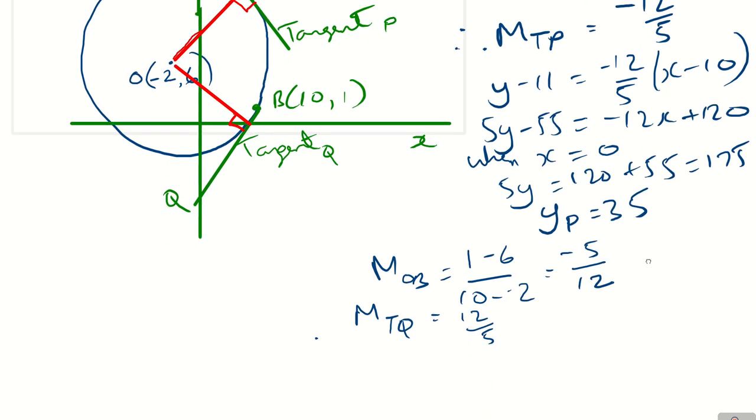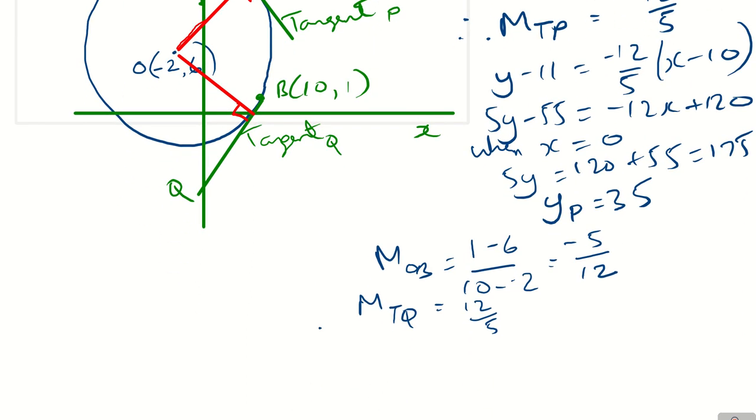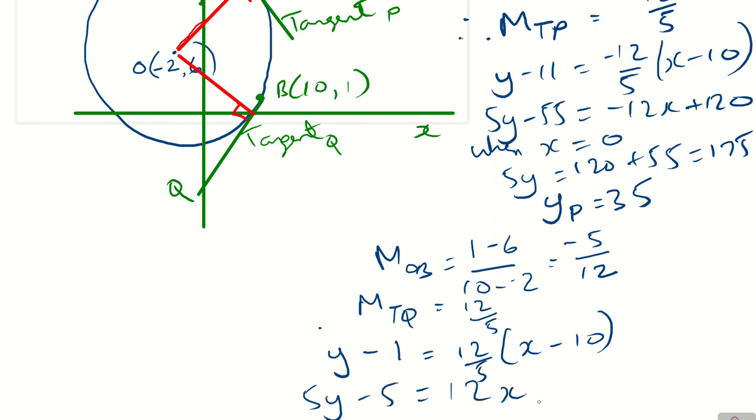So I can then write down my equation. y minus 1 equals 12 over 5 times x minus 10. Multiply through by 5: 5y minus 5 equals 12x minus 120.